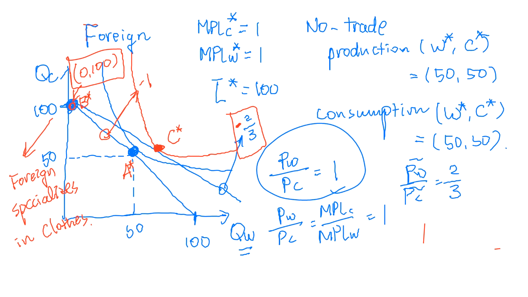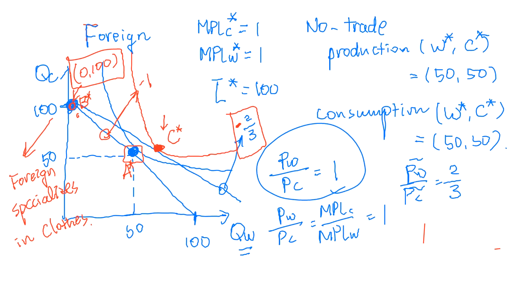So once again, what the Ricardian model tells you is that the production and the consumption will be separate. Under the circumstances of the no trade condition, production and consumption are at A, they overlap.